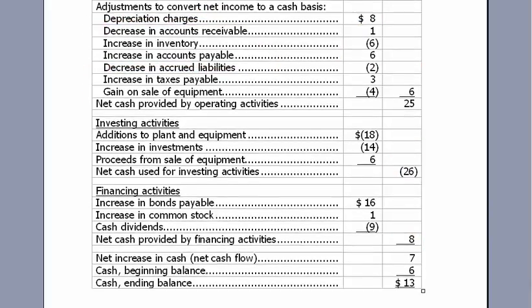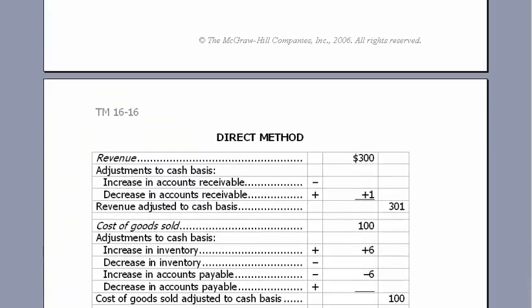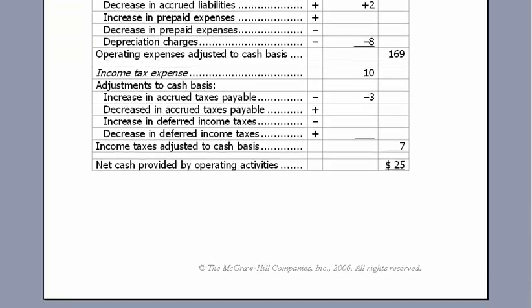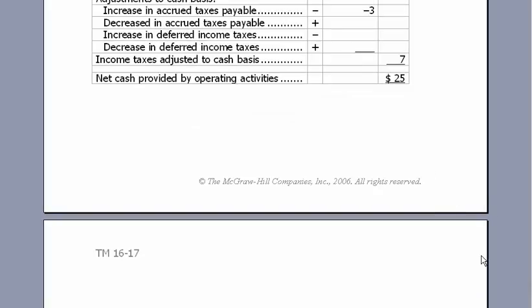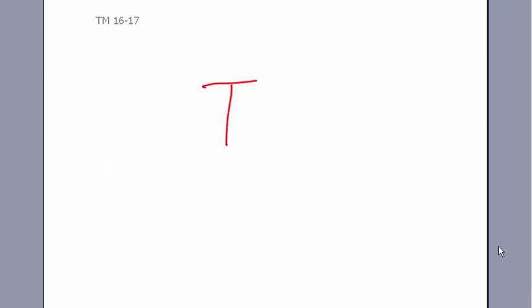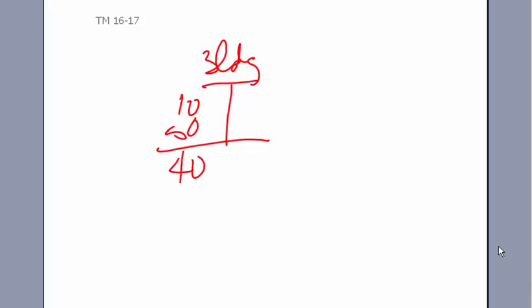A couple more issues that you can run into in doing homework, we're not going to do the direct method, is that when you look at a building account that starts out with 10 and you go out and buy 50, and then you have a 40 as a balance, what they won't tell you in the homework problems is that 10 plus 50 minus 40 means you must have sold 20.